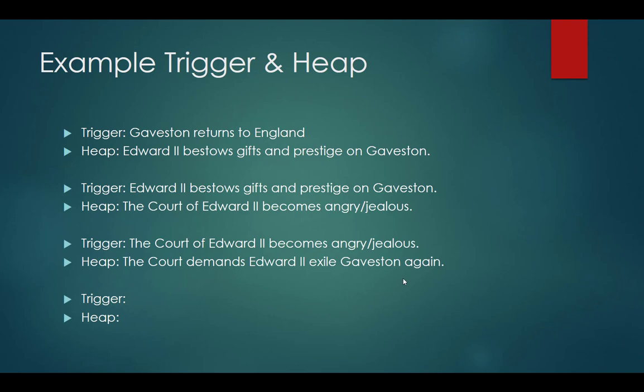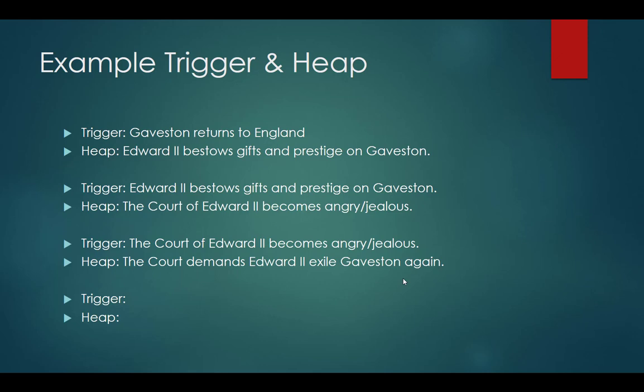The heap, the second event that is caused directly because of Gaveston's return, is Edward gives him a lot of stuff, right? So he gives him a title, he gives him money, access to the treasury, all sorts of prestige. He essentially elevates Gaveston to a level in which he did not belong. That's a trigger and a heap combined.